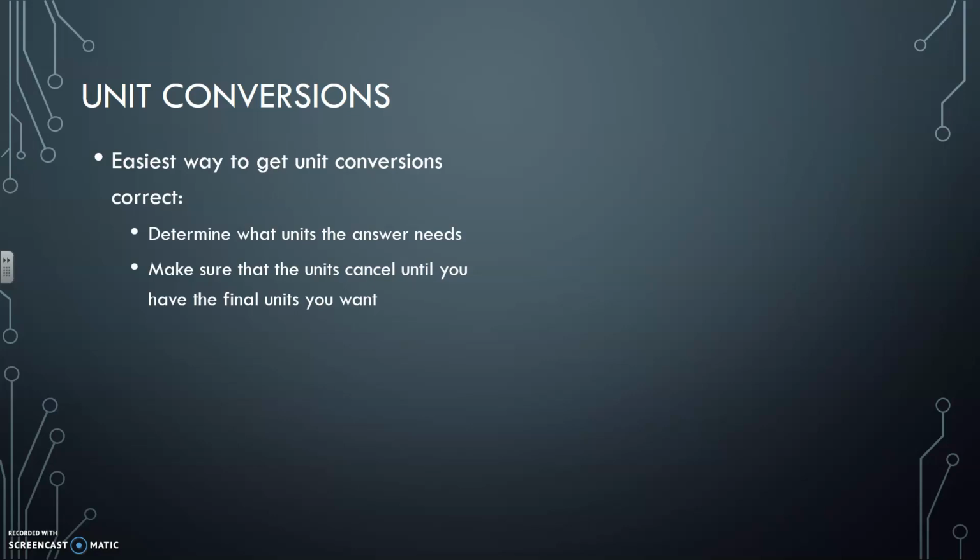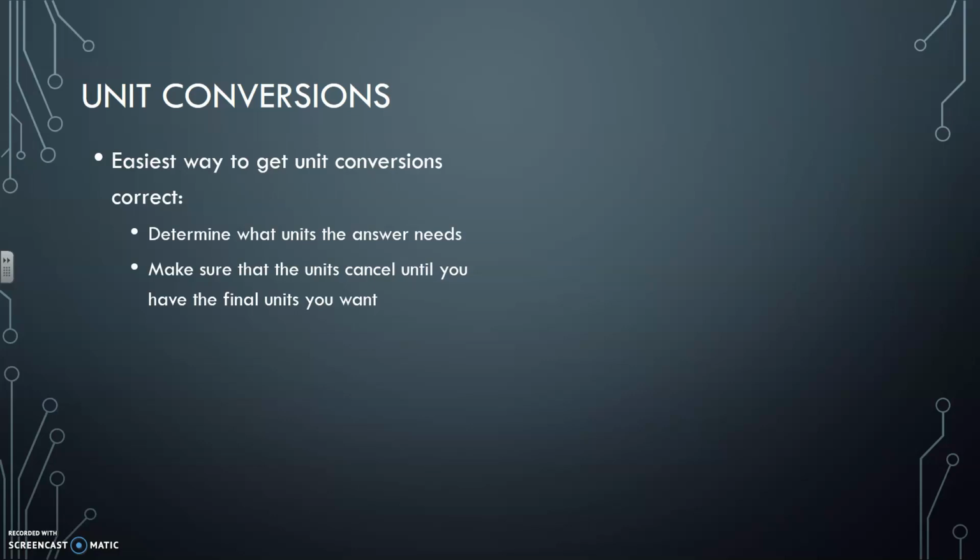So if you line up your units, you will get these unit conversion factors right, assuming you get all of the numbers plugged in correctly. If you set up the problem right, that is the major part of these problems. It's just learning how to set it up correctly.